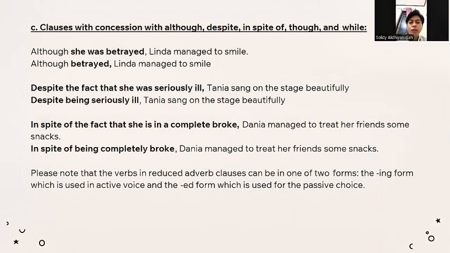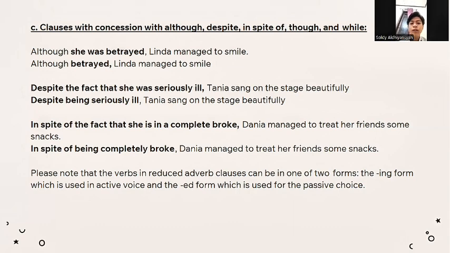Next, clauses of contrast with although, despite, in spite of, though, and while. Although she was betrayed, Linda managed to smile. Although betrayed, Linda managed to smile. Despite the fact that she was seriously ill, Tanya sang on the stage beautifully.